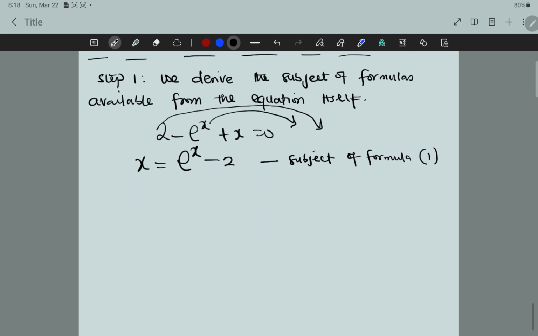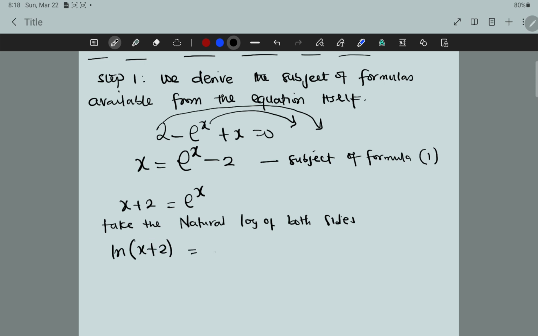Which other thing can I do? I can decide to say, okay, x plus 2, I'm bringing this one over, x plus 2 is equal to e to the power of x, and then I take the natural log of both sides, right? So ln of x plus 2 is equal to ln of e to the power of x, and the ln cancels, so you are simply saying ln of x plus 2 is equal to x.